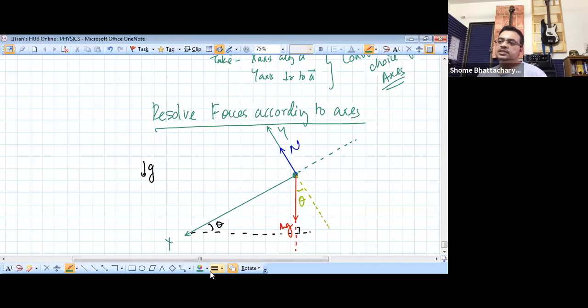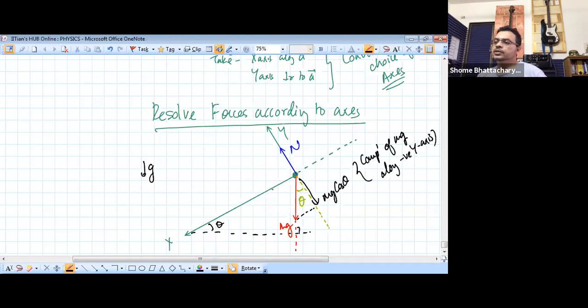It's a horizontal one. So mg we will resolve. So how much will this component of mg be? When we resolve mg now, this component of mg will become mg cos theta. That is the component of mg along the negative y-axis.